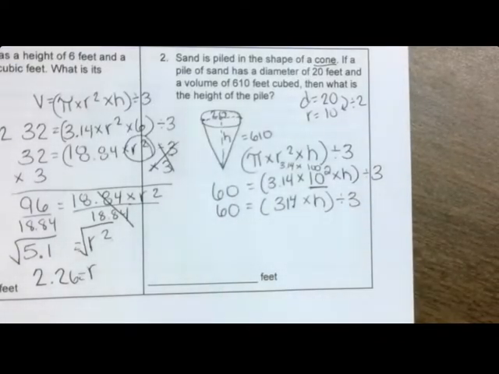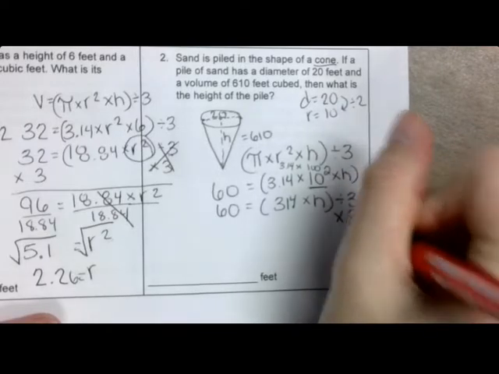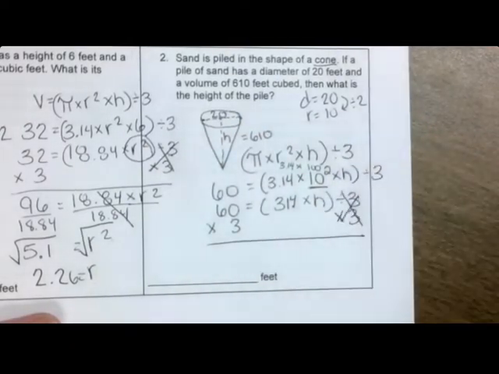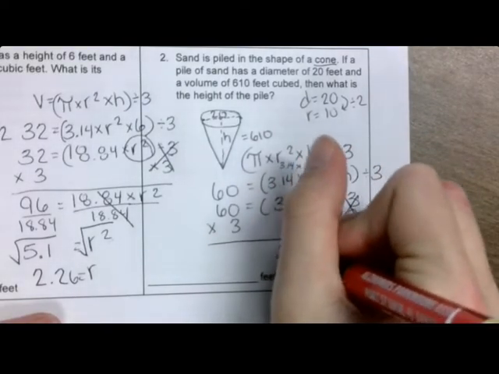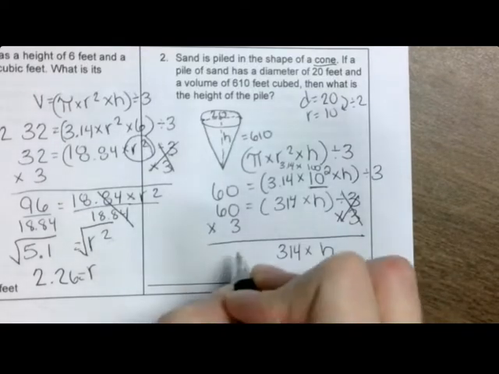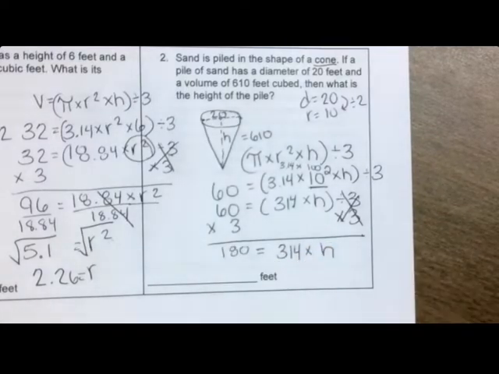So just like before, let's get that 3 out the way. So let's times 3 on both sides. That goes away. I have my h. I have my 314. And what is 610 times 3? 1830.